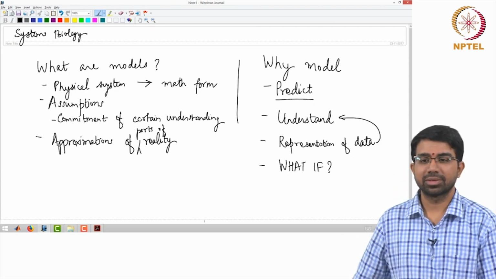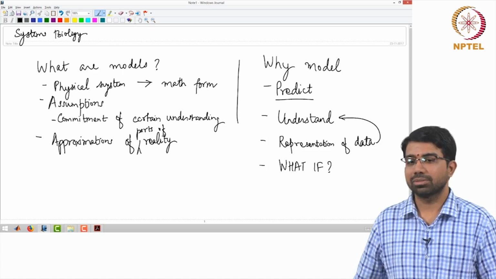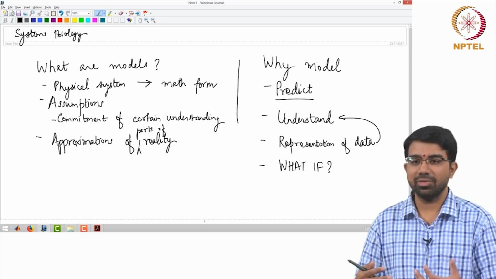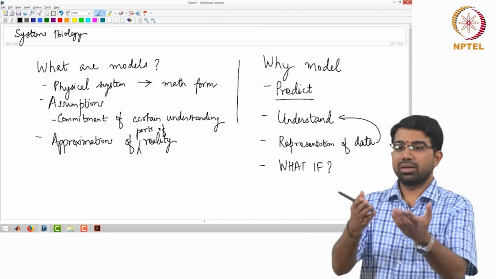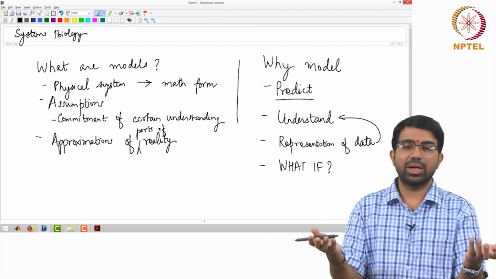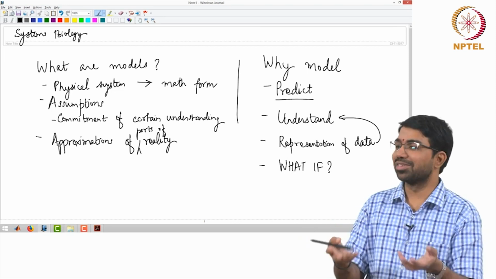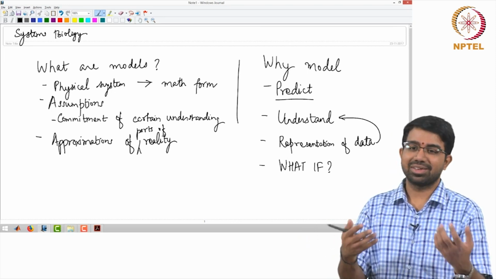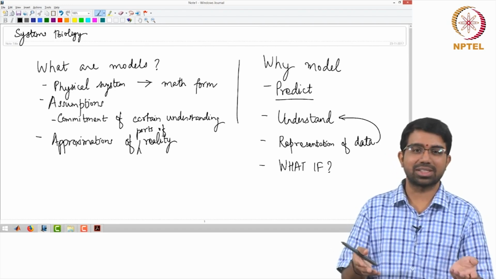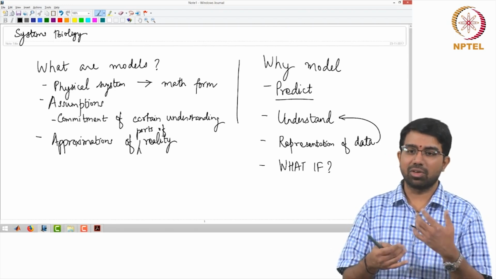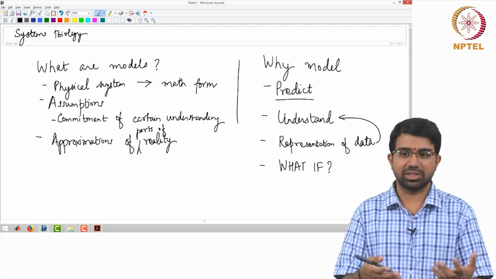What if, right. How does this system behave, what if I change something, right. And biologists will quite understand this because it is expensive to do experiments. Unlike experiments in many other domains, or especially a computational experiment, experiments in biology involve time, money, expensive reagents and so on.